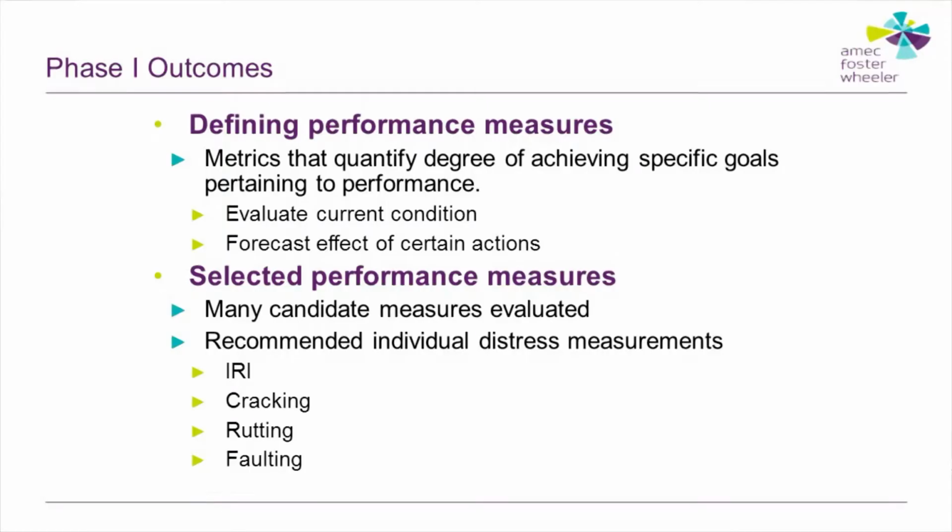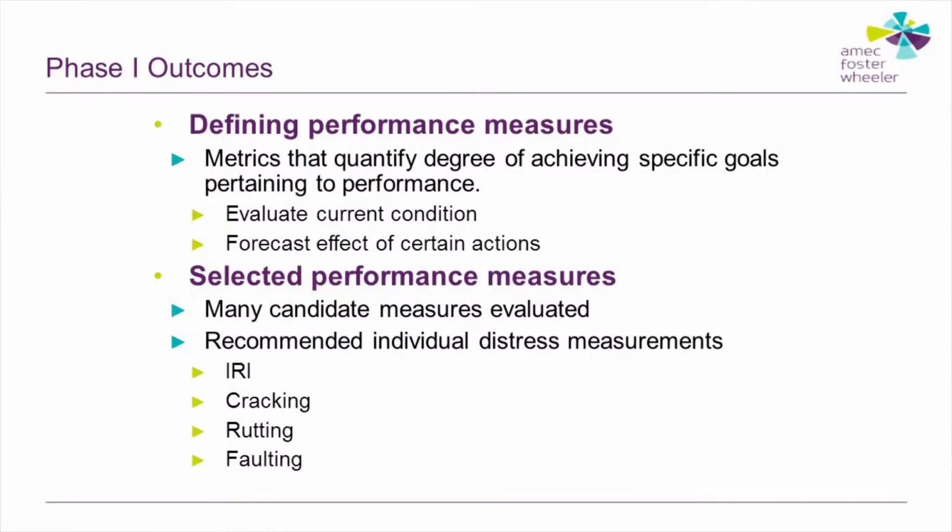Now going back to the literature review for a second, we found a lot of different definitions for performance measures, which again was the focus of the study. And while there were a lot of definitions, they had sort of a common theme. So the definition that we adopted in the project is that they're basically metrics that quantify the degree of achievement towards the specific goals, objectives of an agency.